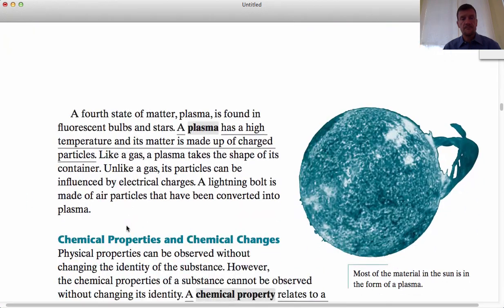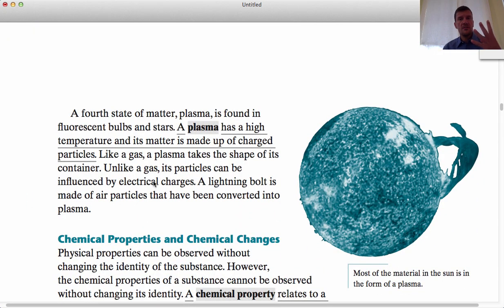Okay? There is a fourth state. It's not very common, but the fourth state of matter, plasma, is found in fluorescent bulbs and stars, and plasma is often at a very high temperature, and the matter is made up of charged particles.